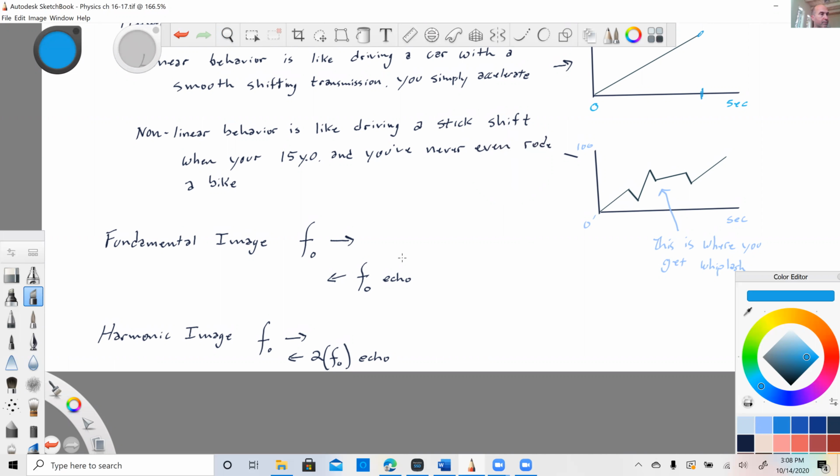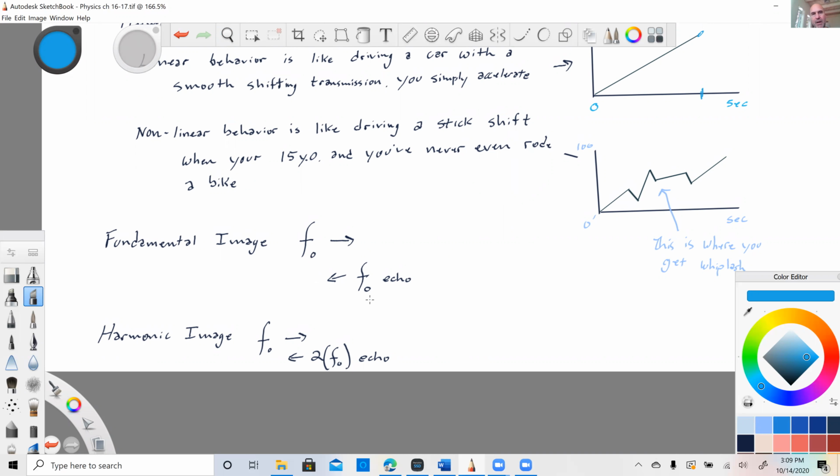I think this is the order of the book. Well, no, actually, I jumped slightly out of order. It's page 270. Very simply, the fundamental image: when you do not have the harmonics button turned on, frequency goes in, frequency comes out.